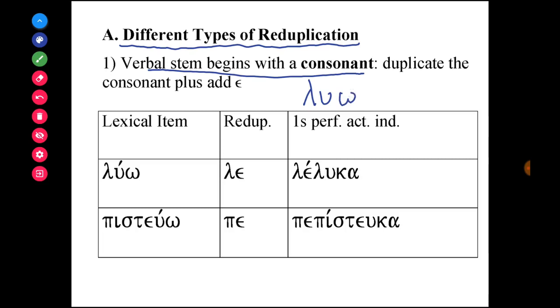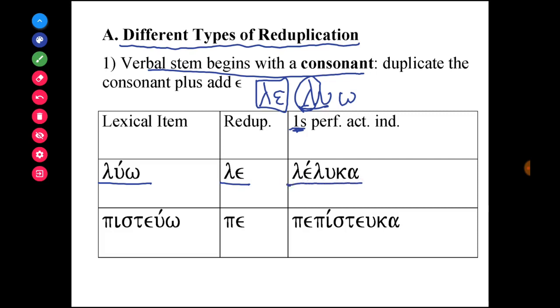You reduplicate the first letter of the stem and then add an epsilon to it in order to form the reduplication. So we have luo here, the reduplication is le, and the first person singular, I have loosed, is leluka.